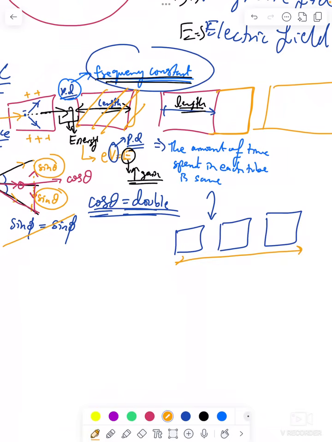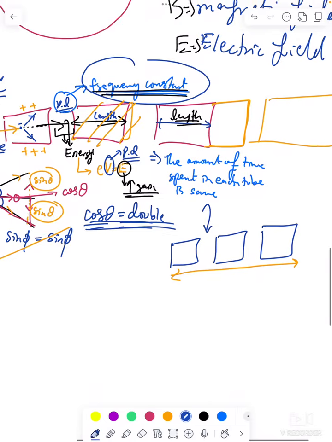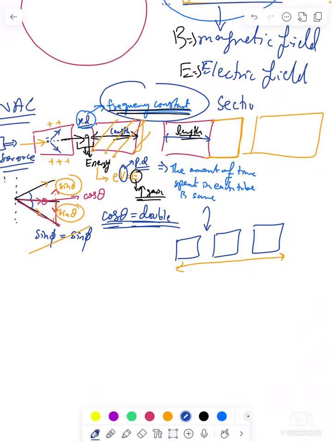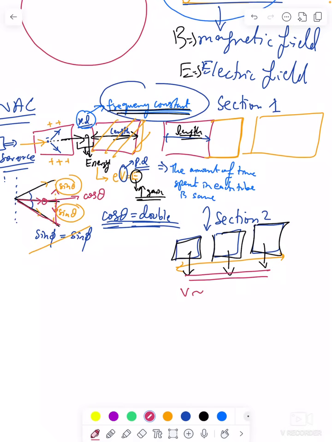Now, why will the length of the tubes be the same at the end? Let's convert into sections. This is section 1 and this is section 2. In the end section, all the tube lengths are the same. Now, why is it the same? It's the same because as it approaches the speed of light, it approaches, not equals, the speed of light.